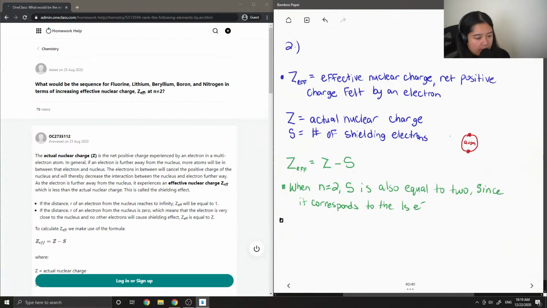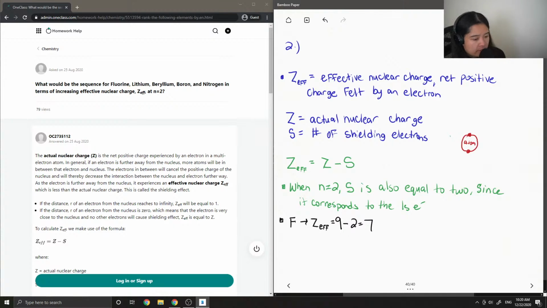So this depends on the number of protons that are in that element. And to find the number of protons, that is just the same as its atomic number. So starting with fluorine, it has an atomic number of 9. And then I'm just going to do its S is 2. So 9 minus 2 is 7.